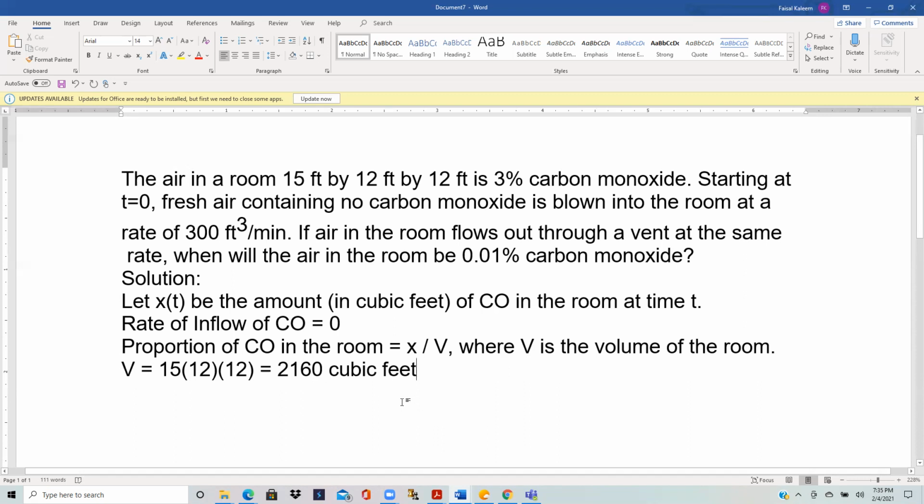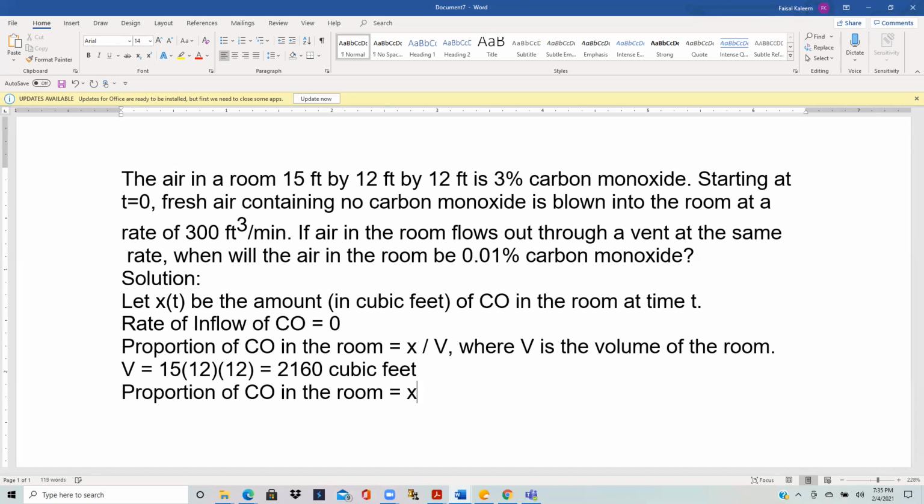So that's the volume. Therefore, the proportion of carbon monoxide in the room at time t will be x divided by 2160.